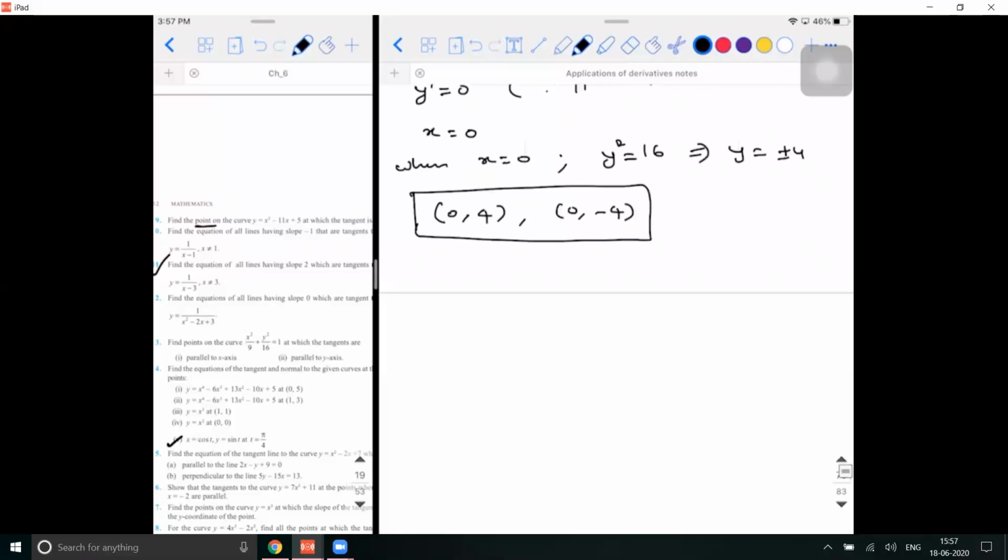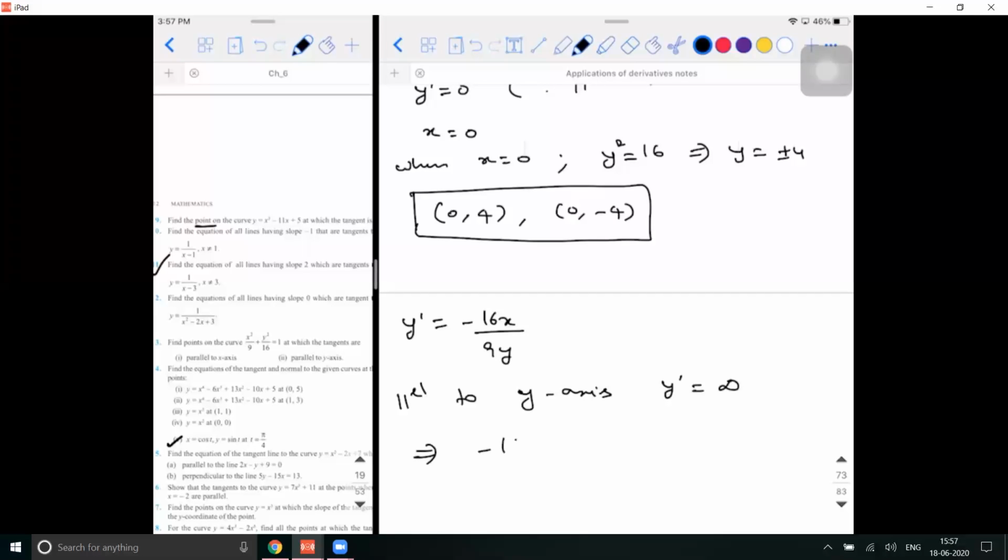Similarly, what are the coordinates for which the tangents will be parallel to the y-axis? 3,0 and minus 3,0. But can you prove it mathematically? Parallel to the y-axis means y dash will be infinity, which implies minus 16x divided by 9y will be infinity, so the denominator 9y will be equal to 0.